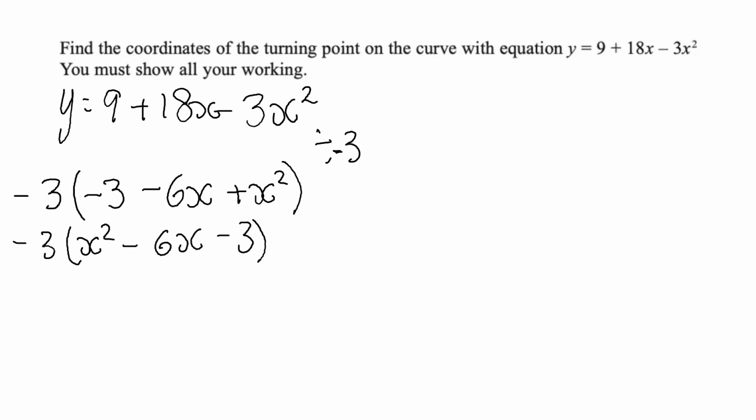Now what we're going to do is complete the square on what is inside the bracket. So to complete that square, the first thing we're going to do is keep that negative 3 out there. We're going to open up a double set of brackets like this. What you do is you take the x, and then we've got a negative, so we put negative, and we half this number, so it's 3.